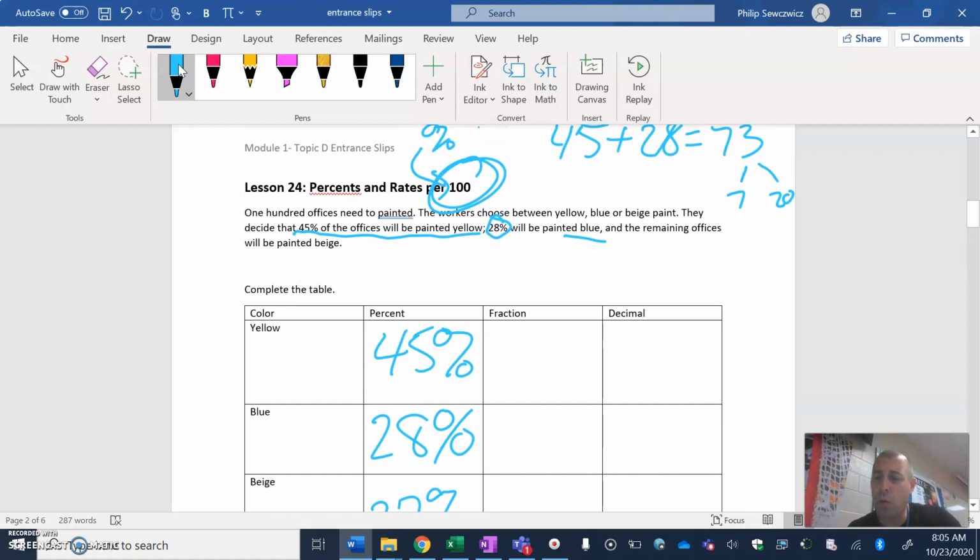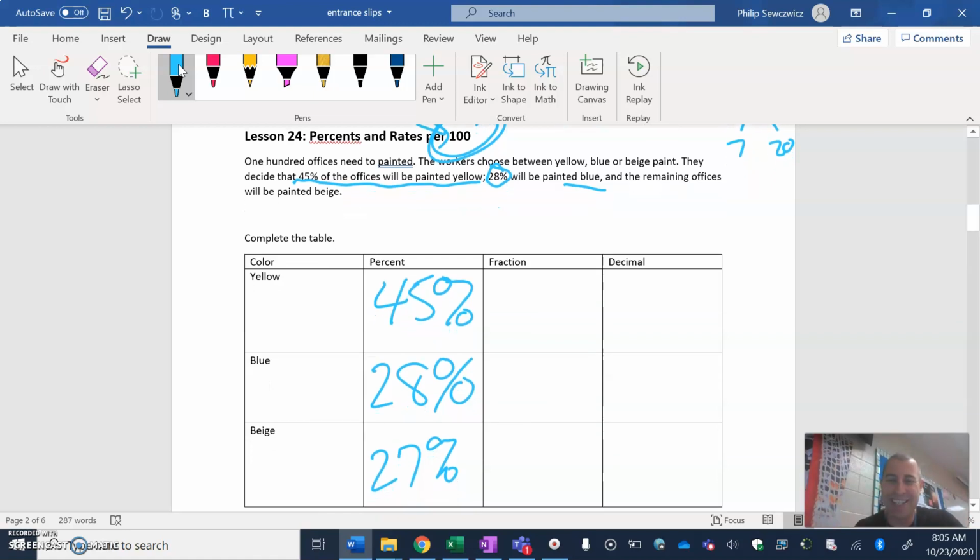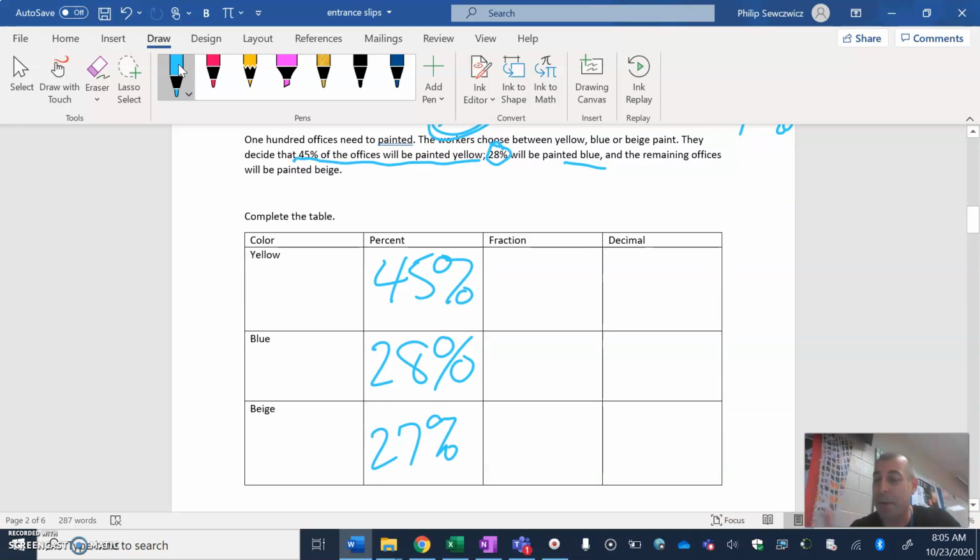Now what we're looking to do is convert into fractions and into decimals. We see a lot of your basic ones here. Tomorrow's lesson 25 gets into some of the fractions that aren't as crisp and clean, but these, oh, so nice. Percent, remember, is always out of 100.